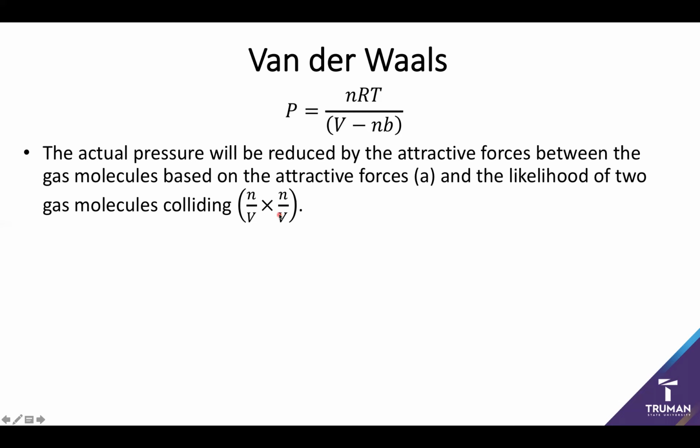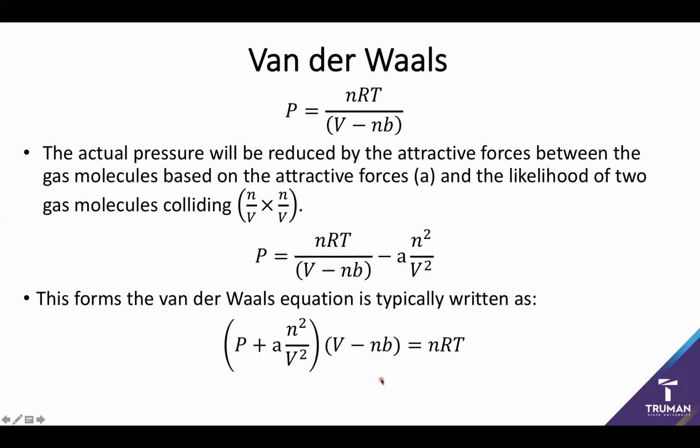We're going to square the concentration and multiply it by the attractive force, and then it will reduce the pressure of the system by that much. However, in order to make our van der Waals equation look fairly similar to the ideal gas law, we're going to add this a times the square of the concentration to both sides, and then multiply by our available volume to get our full van der Waals equation as you'll typically see it.